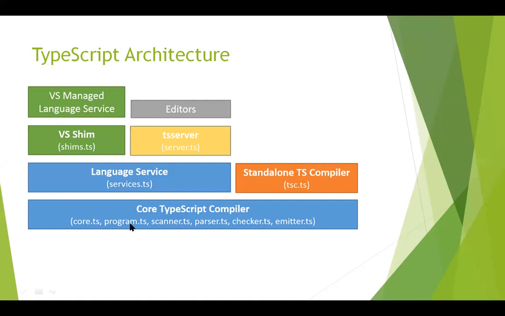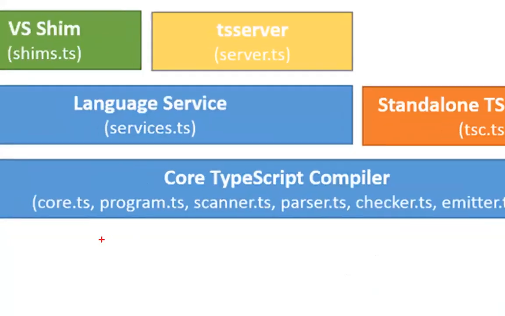And you see, inside the compiler there are so many files, and every file is responsible for a different task. For example, core.ts is used to verify the structure of the code you wrote.